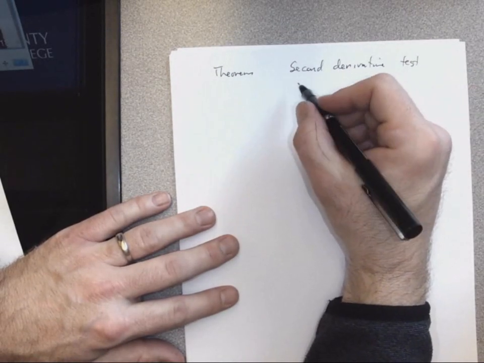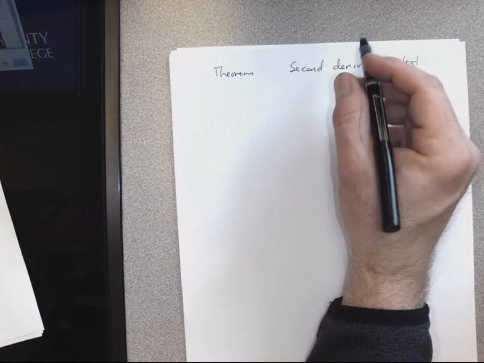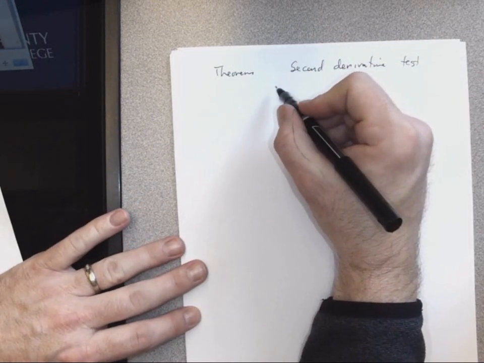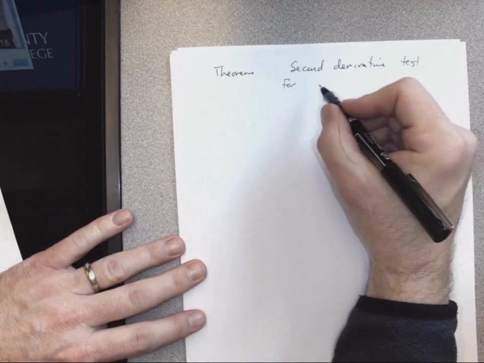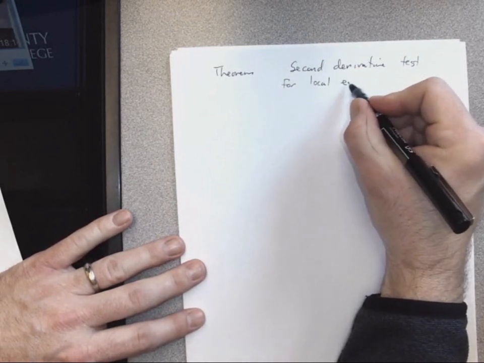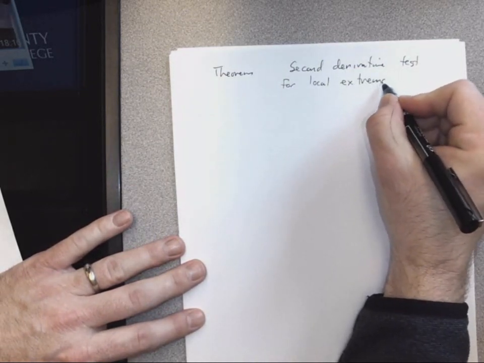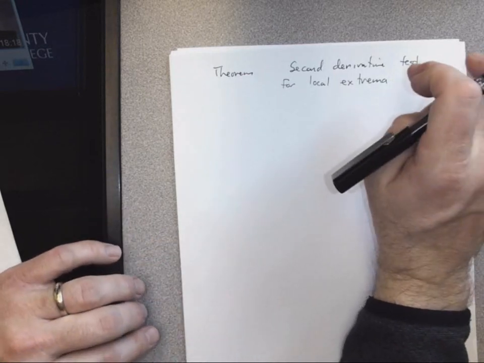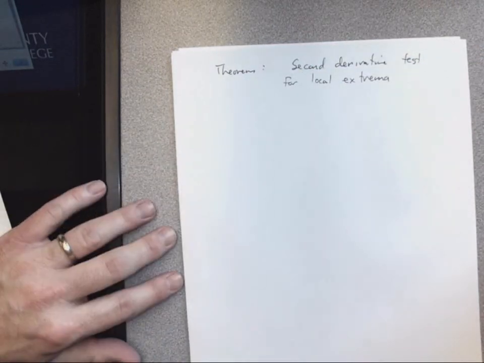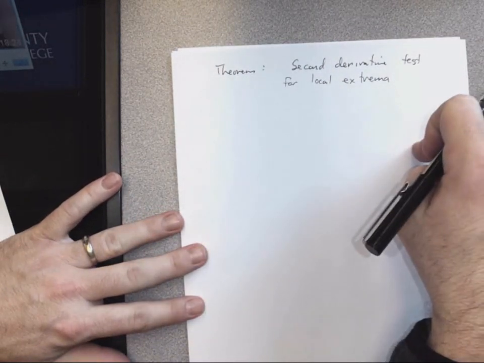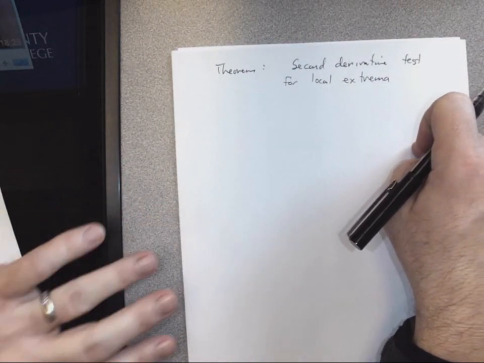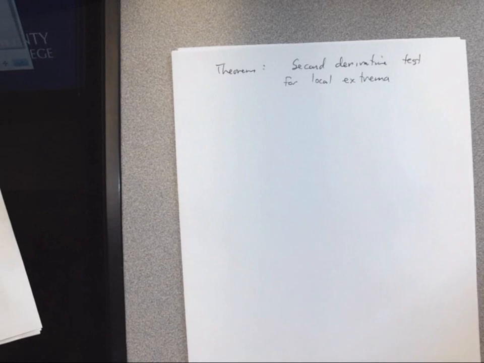So in many cases, we were able to figure out local extrema before because we cut our interval at a particular piece.